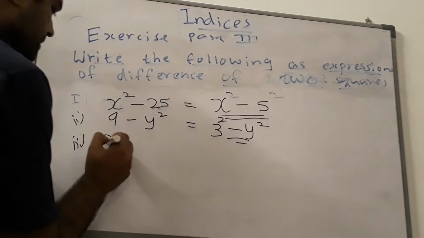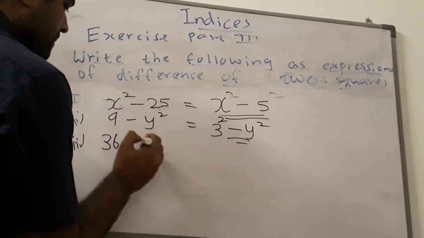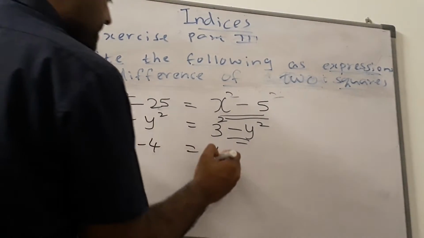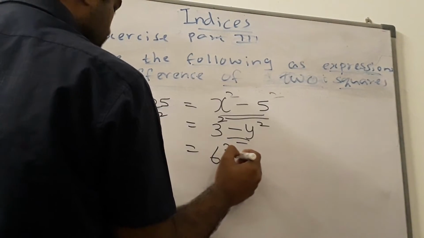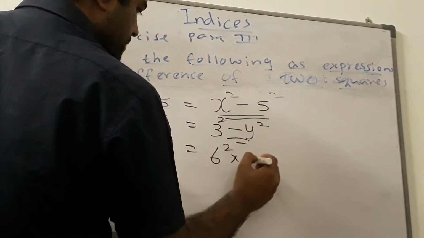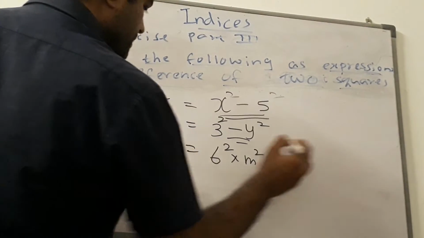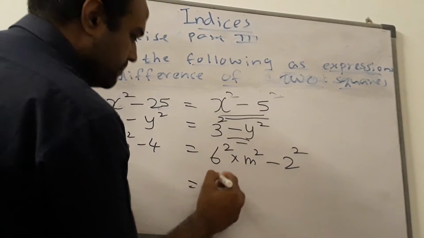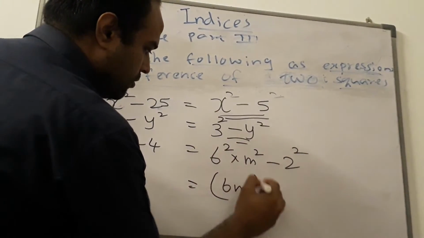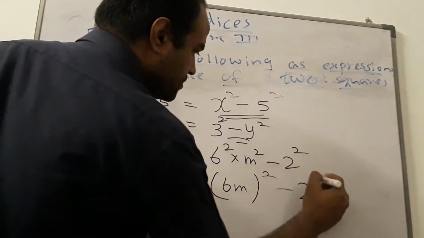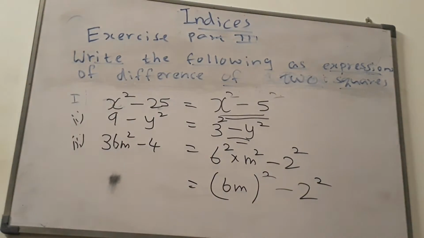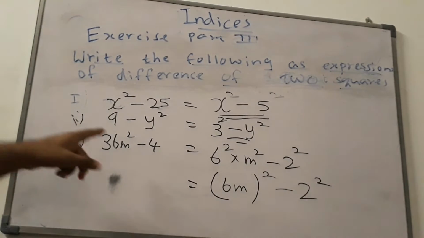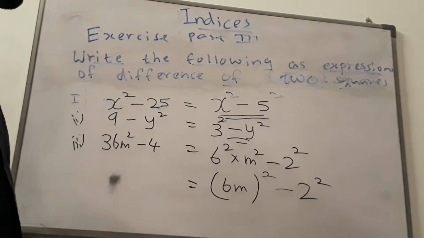Third question. 36m squared minus 4. 36 means 6 squared. M squared means m squared, minus 2 squared. Square term can be taken out, so 6m altogether squared minus 2 squared. 36m squared means 36 is 6 squared, m squared is m squared.